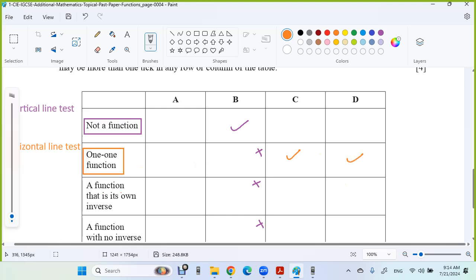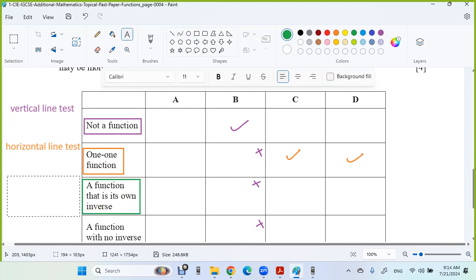Function that is its own inverse. I know that the inverse of a function is the reflection of f in the line y equals x. So the inverse function is the reflection of f in the line y equals x.